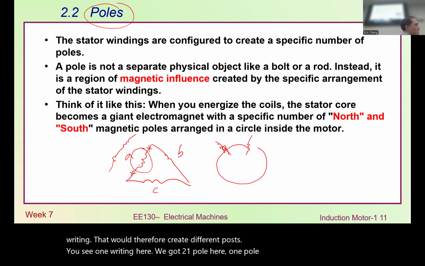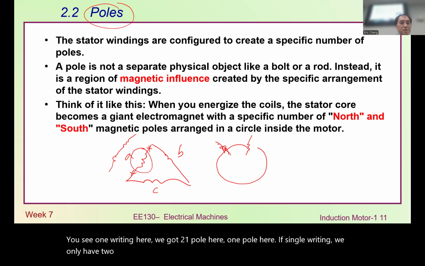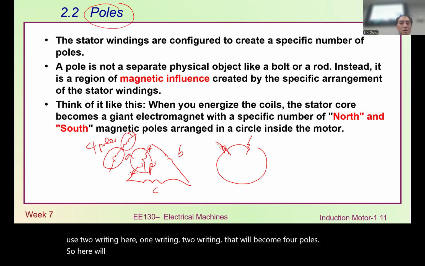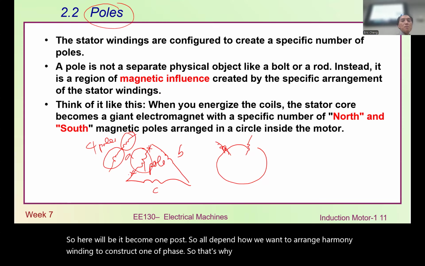With a single winding, we only have two poles because there's a beginning and end of the pole. But if you use two windings here, that will become four poles. So all depends on how many windings we want to arrange to construct one phase. So that's why we introduce the term poles.